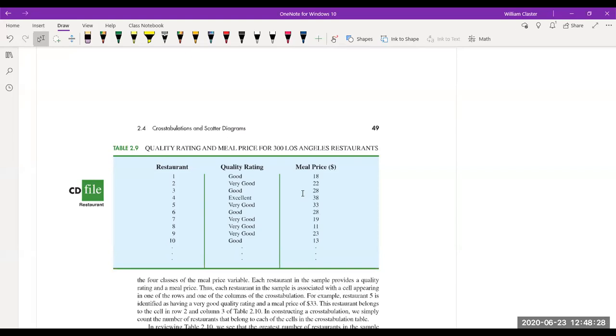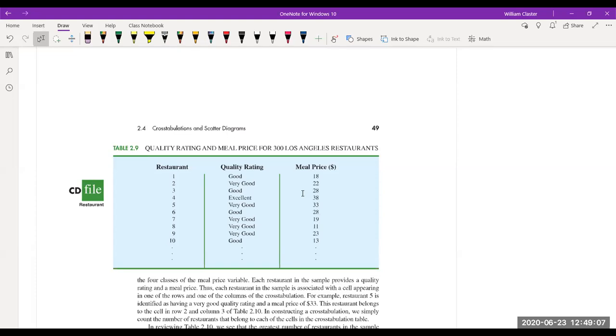Quality rating and meal price. And what are the elements in this table? Restaurants. And what are the variables we're measuring for restaurants? Quality rating and meal price. One of them is numeric, apparently, and the other is categorical, apparently, right?